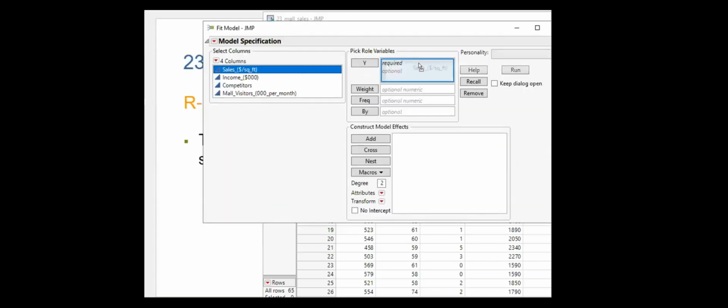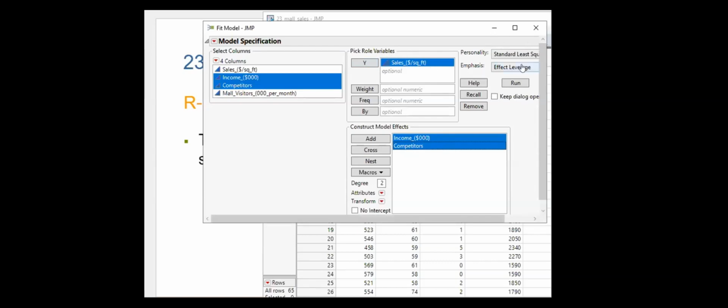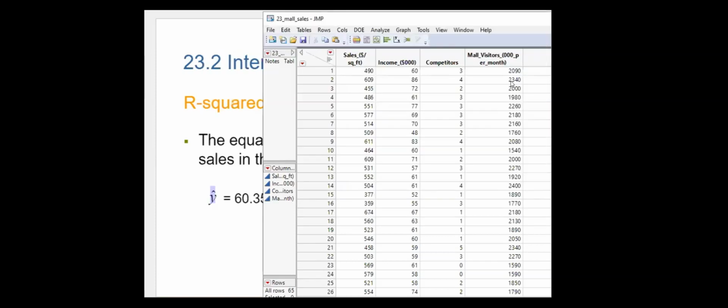Sales is the response, goes to response. And income and competitors together, these two together, go to construct model effect. Right? So that's your explanatory, that's your response. All right, so let's click run.